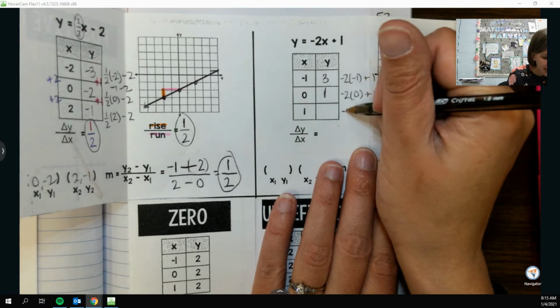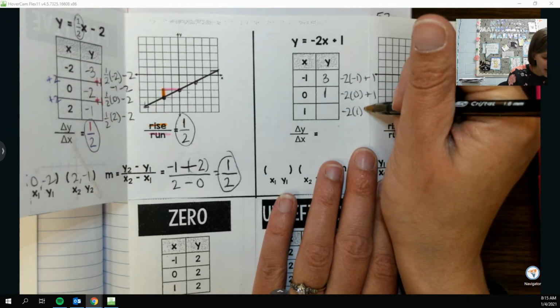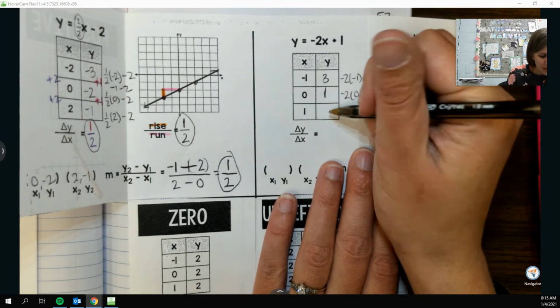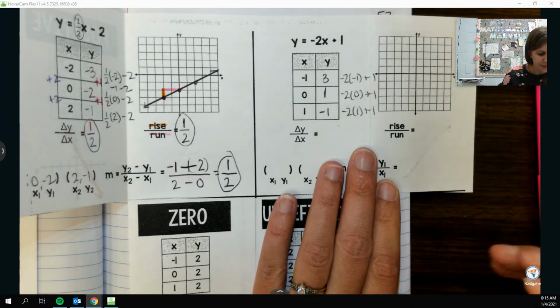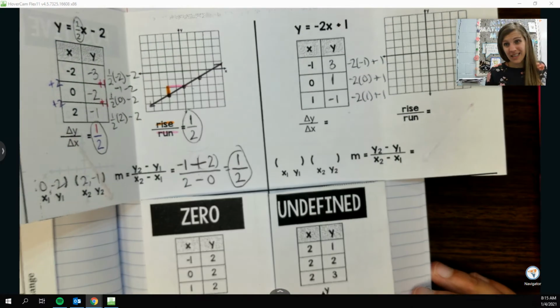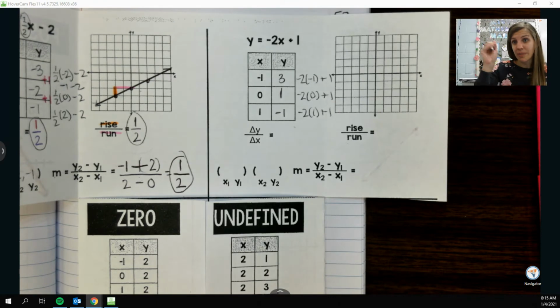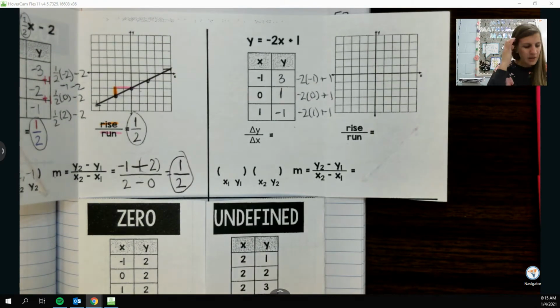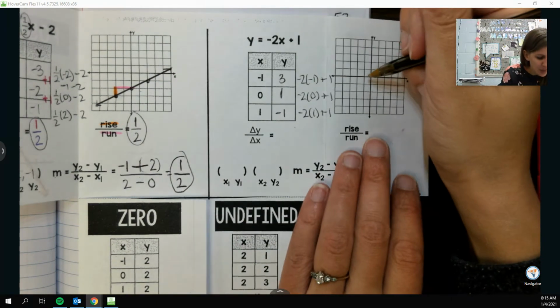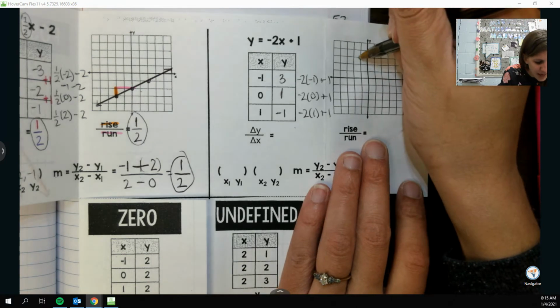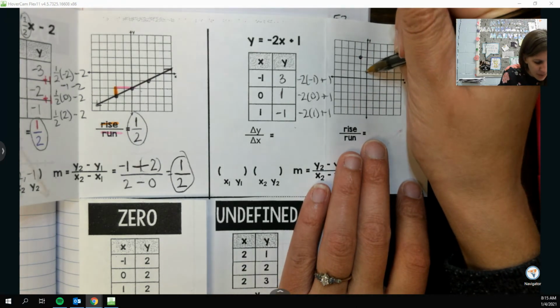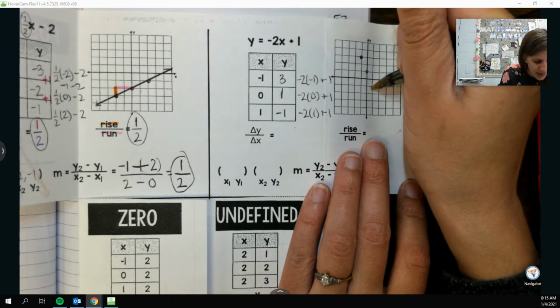And then if I plug in positive 1, we get negative 2 plus 1, which is negative 1. So I can also see that the slope is going down here because the numbers start big and end small. So that's kind of interesting. So we can plot these points, negative 1 comma 3, 0 comma 1, 1 comma negative 1.